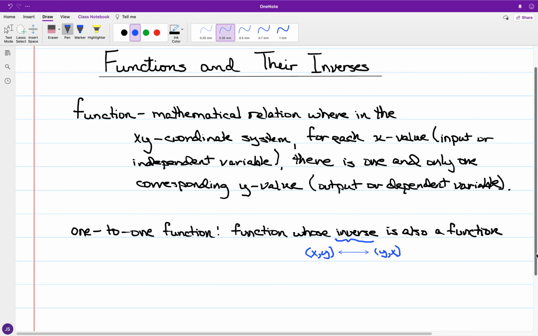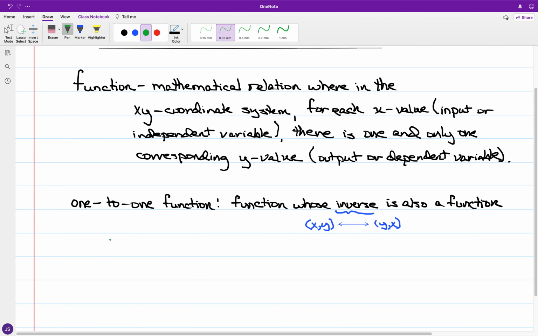Like if a graph had, let's say, 3, 1, and the 3, 1 belonged to a one-to-one function, well, the inverse of this would have the ordered pair 1, 3. And now some details regarding one-to-one functions. Now a function again satisfies the vertical line test.